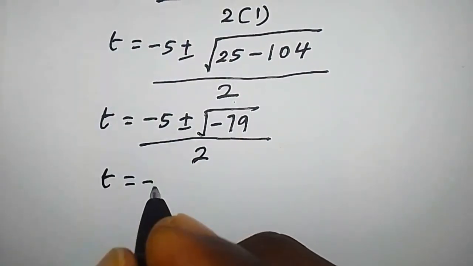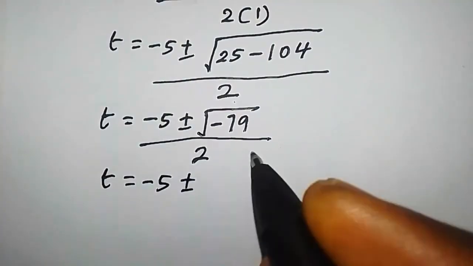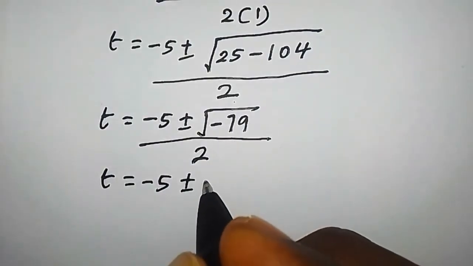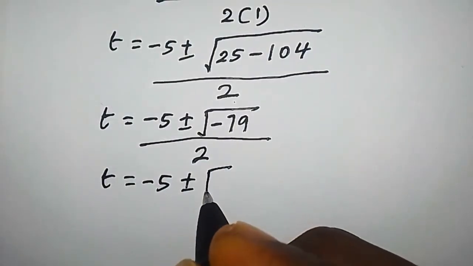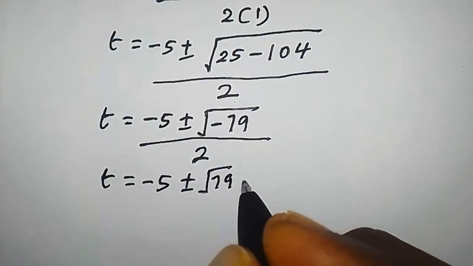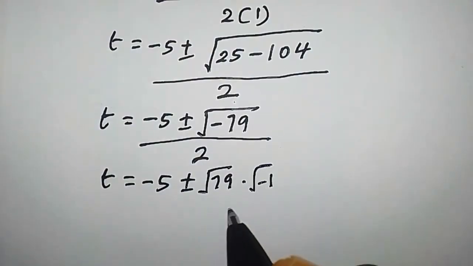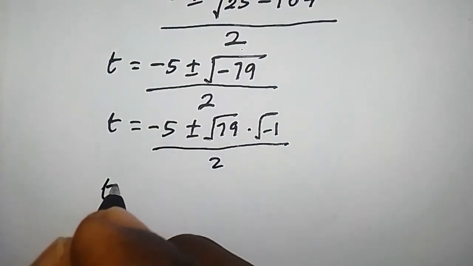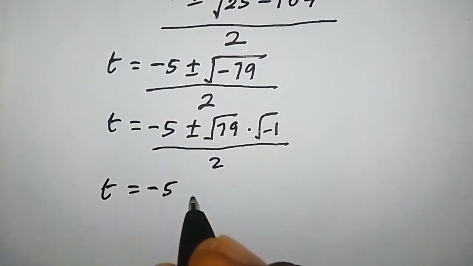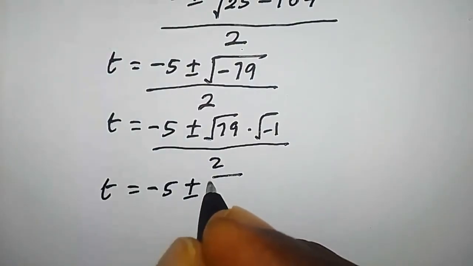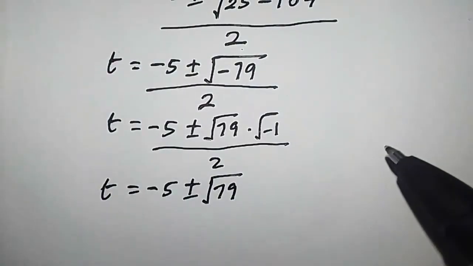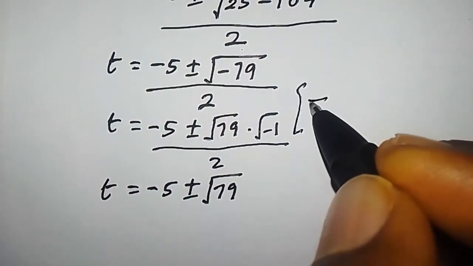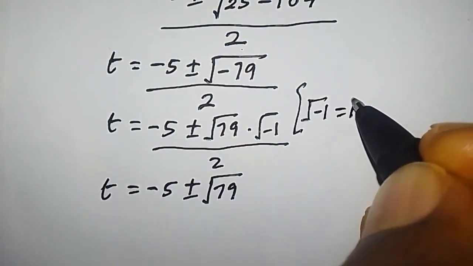t equal to minus 5 plus or minus, I can rewrite square root of minus 79 as square root of 79 times square root of negative 1, divided by 2. From the complex numbers, we know that square root of negative 1 is equal to i.